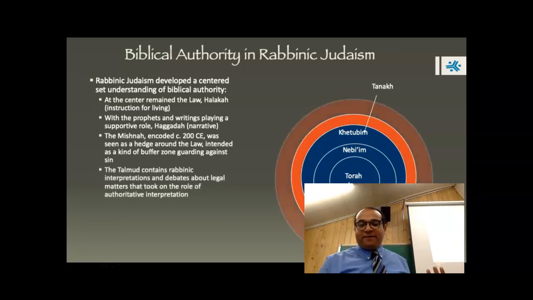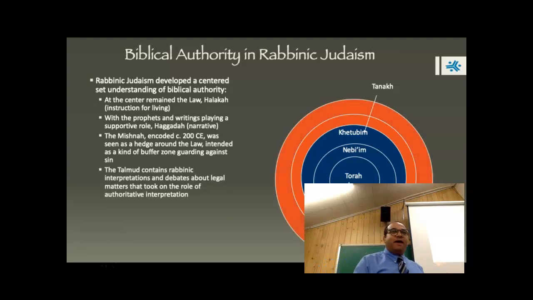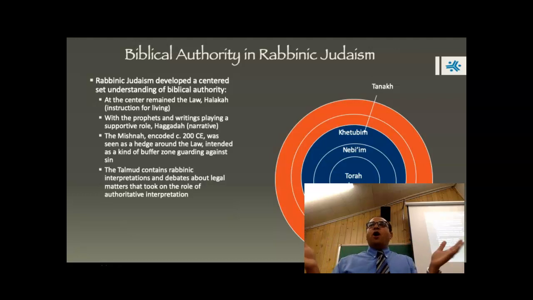After the Mishnah, you have the Talmud. And the Talmud comes from a period where the Jewish tradition, whether in Babylon or Palestine, is debating. The rabbis among themselves are debating, what does the law mean? What does the law require of us here? How do we test that in light of the prophets and the writings? How do we test that in light of the oral law, the traditions?